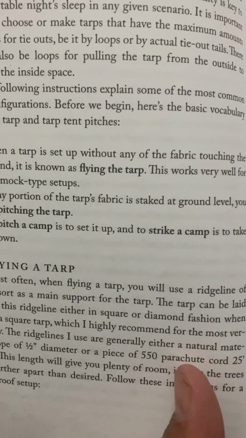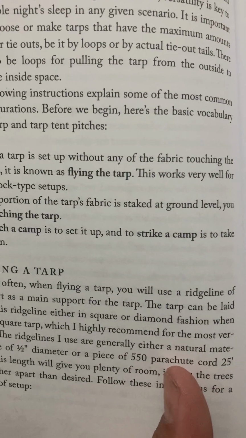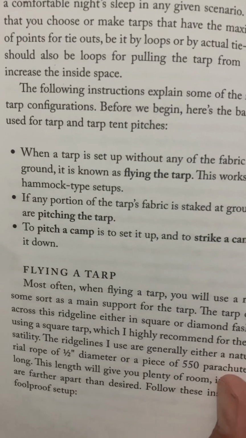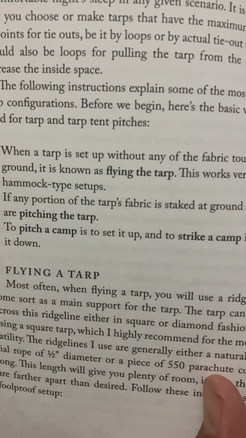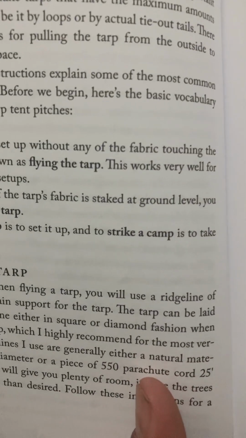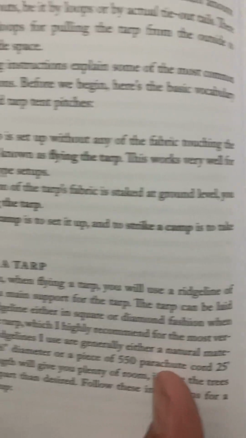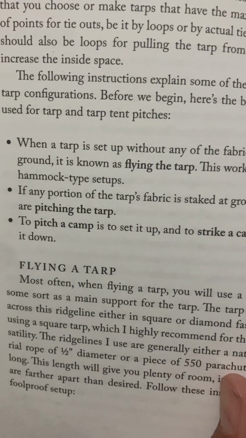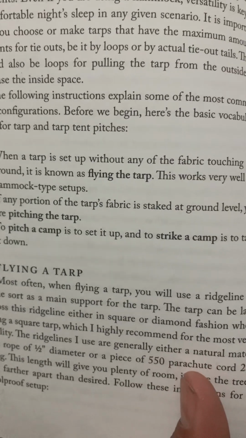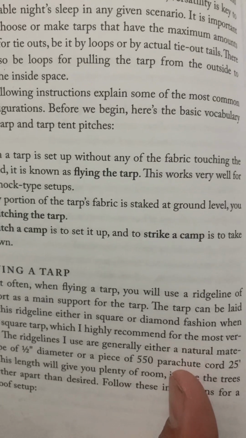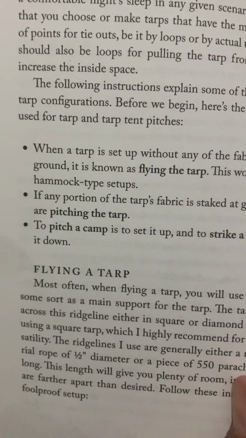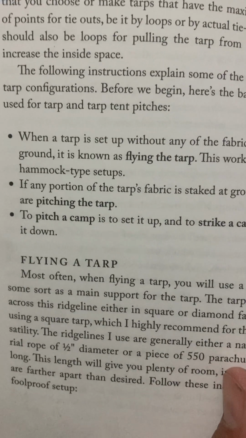When a tarp is set up without any of the fabric touching the ground, it is known as flying the tarp. That's highlighted. This works very well for hammock type setups. If any portion of the tarp's fabric is staked at ground level, you are pitching the tarp.